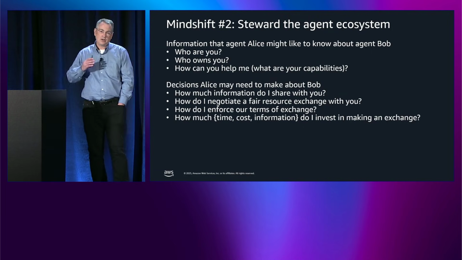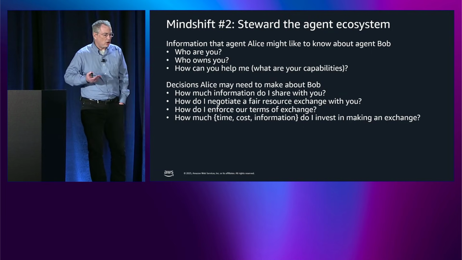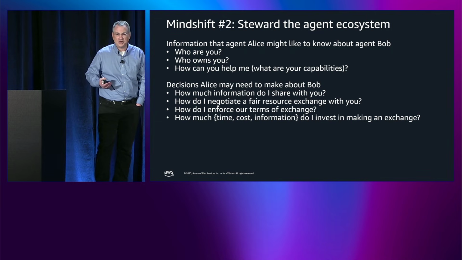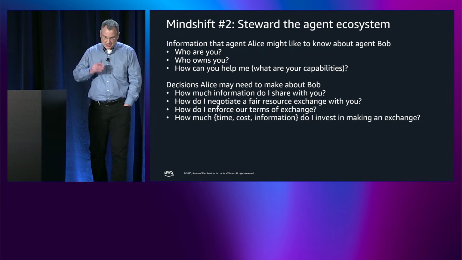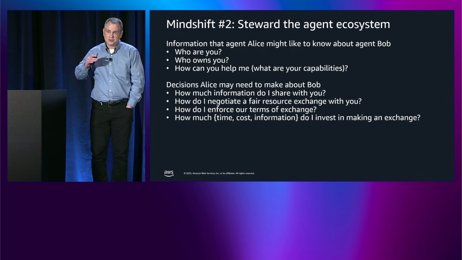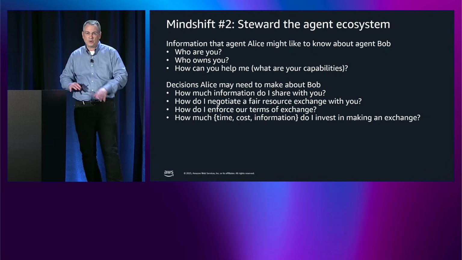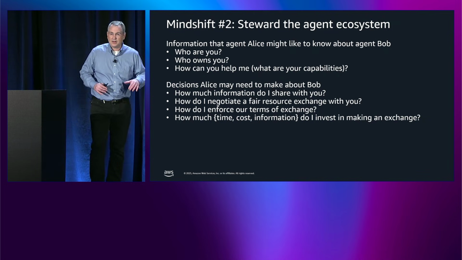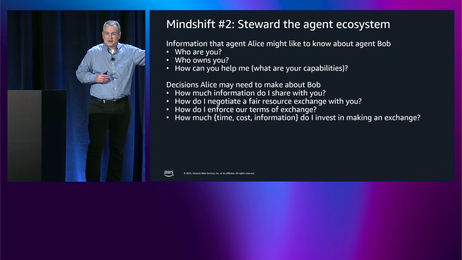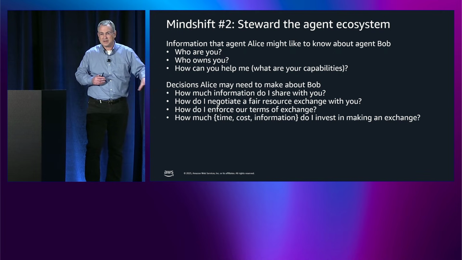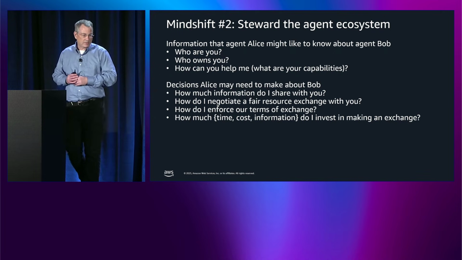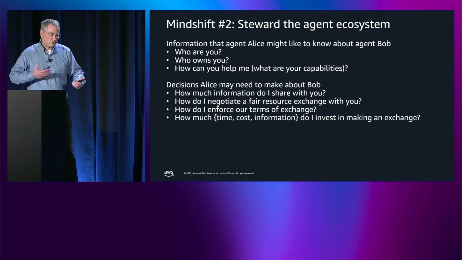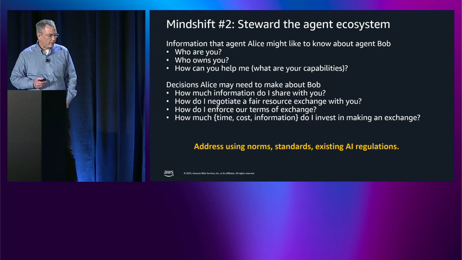How much time or cost or information does the agent Alice want to invest in this particular transaction, right? What happens if it gets detailed and they're sort of going back and forth on a lot of things, and the agent budget is sitting there ticking down, right? Like the transaction will cost money at the end of the day, right? So trust becomes rather critical here.